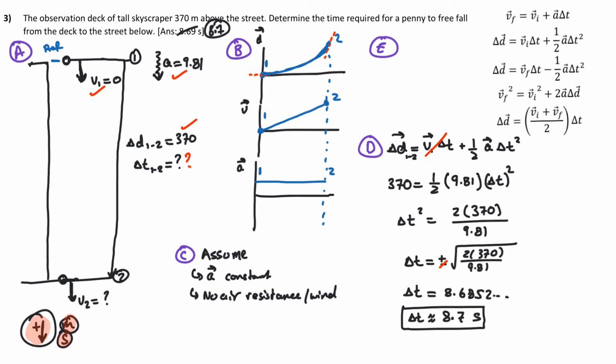If the penny was a little bit lighter, or if it had a bigger surface area, then there would be more air particles hitting it, and therefore it would even take longer, so that 8.7 would change to an even longer value if that was the case.